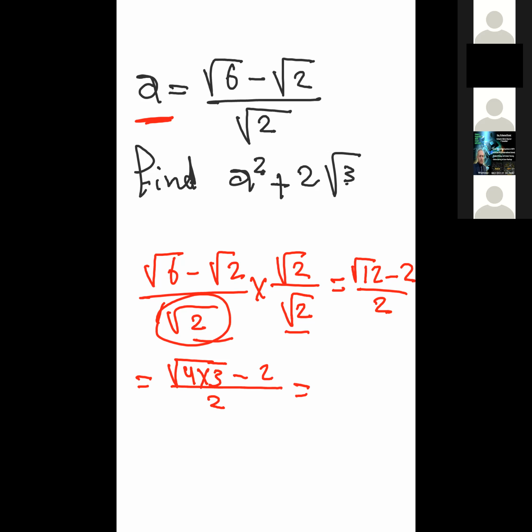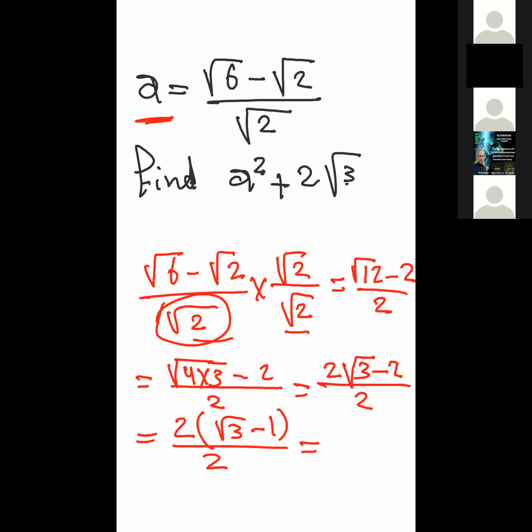Then the square root of 4 means 2. 2 square root of 3 minus 2 over 2. Here there is a common factor, 2 times the square root of 3 minus 1, of course, over 2. Then I can simplify it. Simply remove this 2 with this 2, so it will equal the square root of 3 minus 1. Now it becomes easier. So this is one way to simplify it.